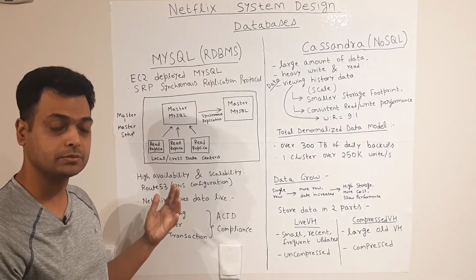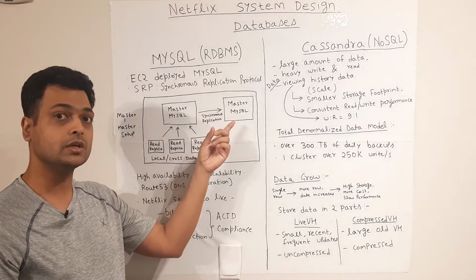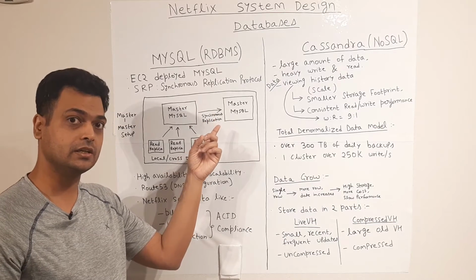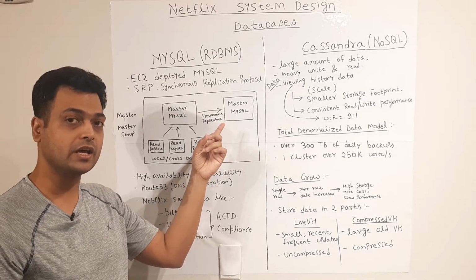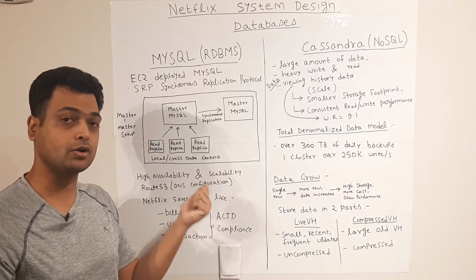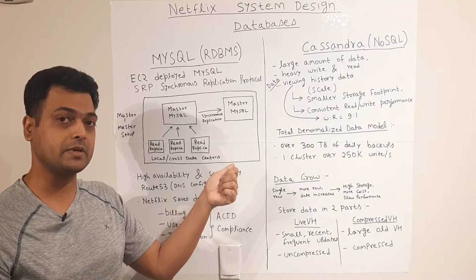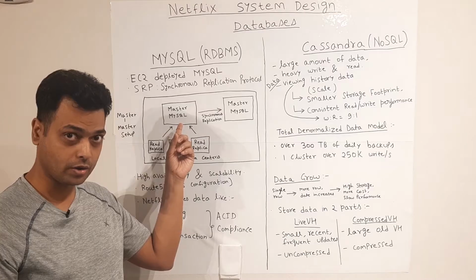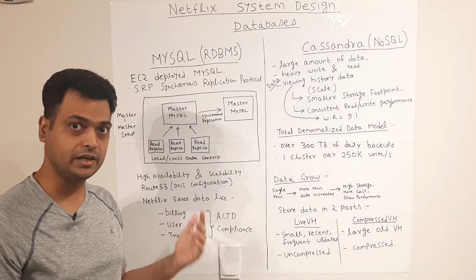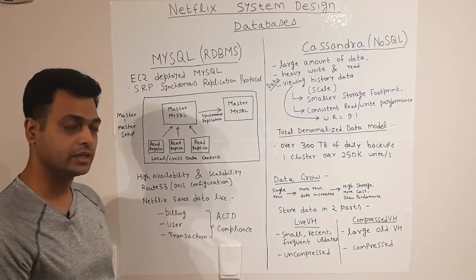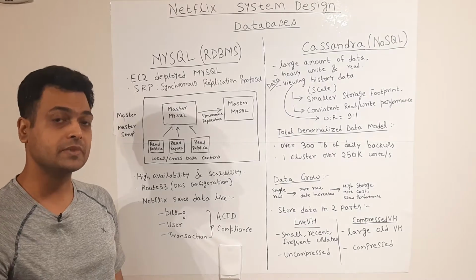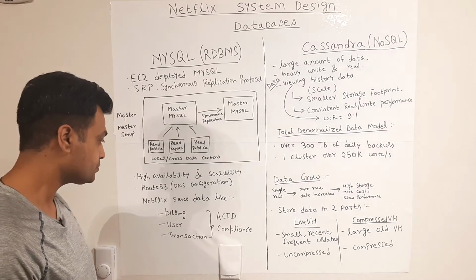So next, all the subsequent write requests will go to the initially non-primary node, which now has automatically upgraded itself to a primary node because the originally primary node failed. So that's how Route 53 DNS configuration increases the availability of the system.